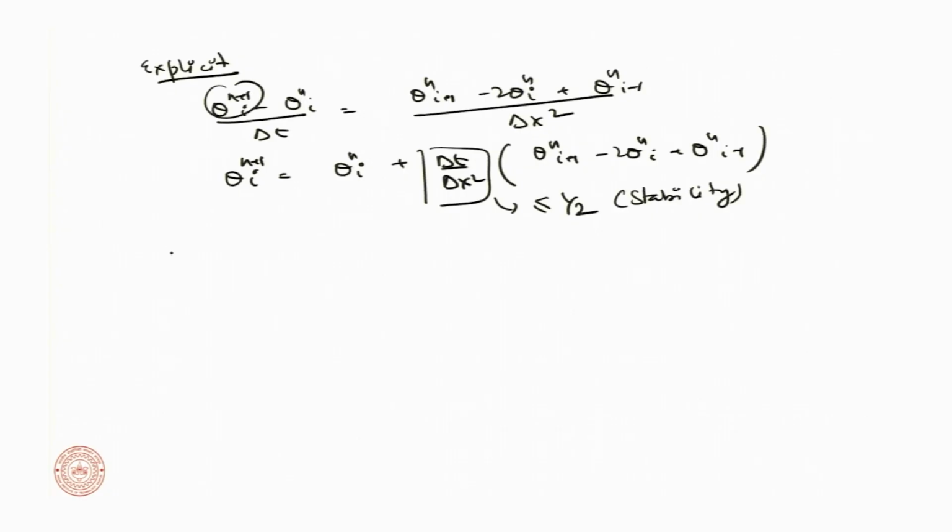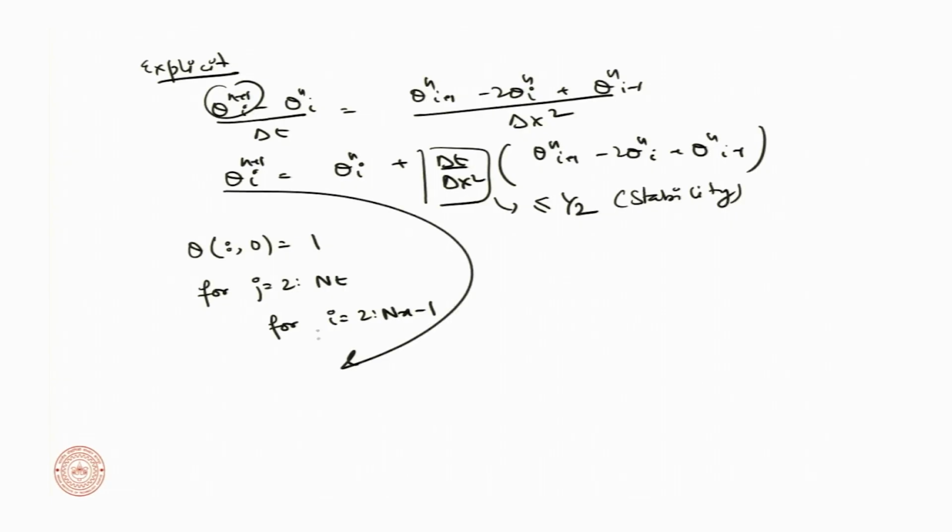We have our initial condition that theta at all rows at time 0 is equal to 1. Now you can set up two for loops, for j equals 2 to nt and for i equals 2 to nx minus 1.